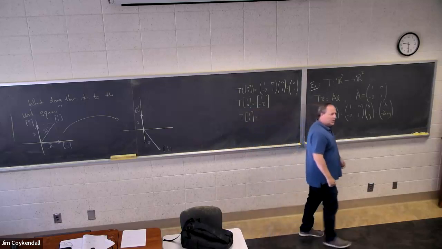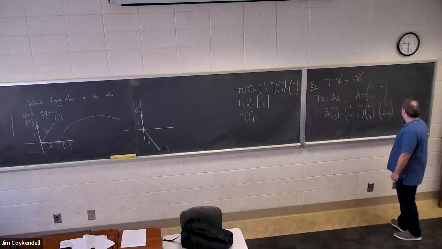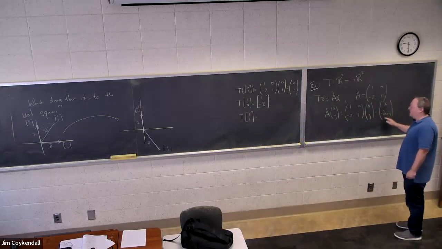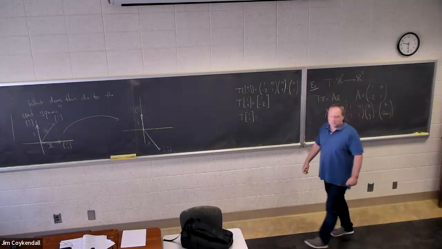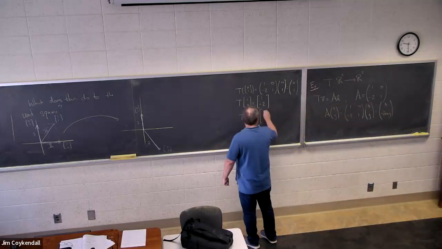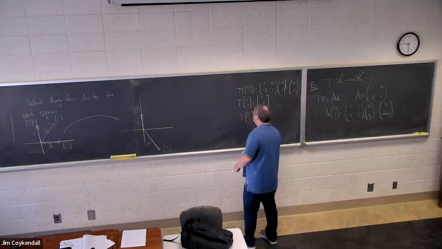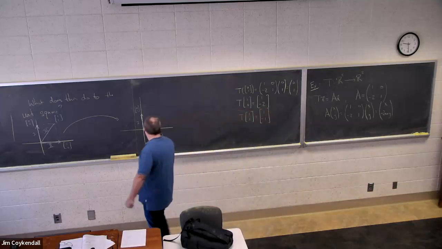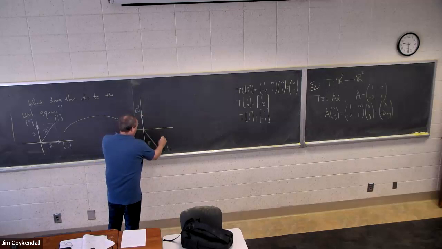Okay, so now both x and y are 1. So what do I get? I get 1, -1. Agree? Okay. So it's the same as this, only it's down half as much.